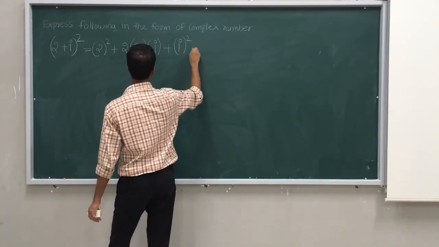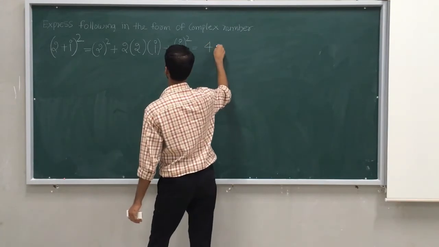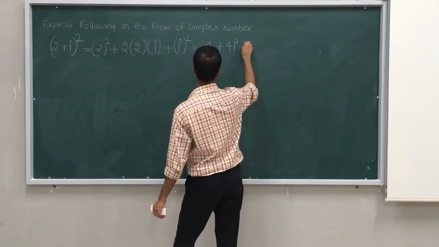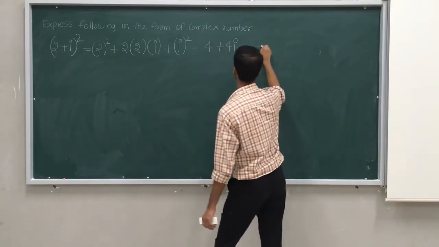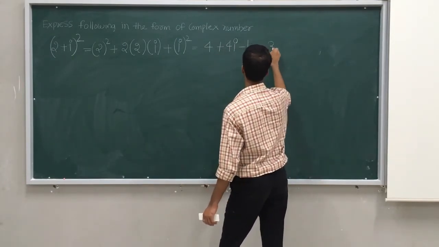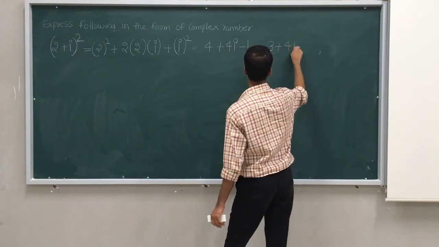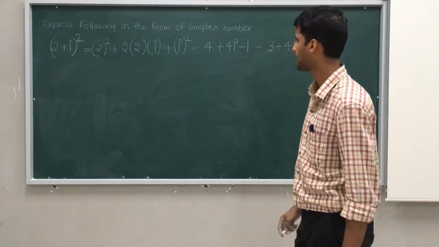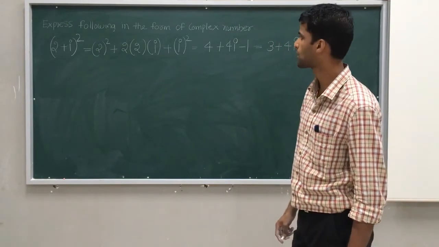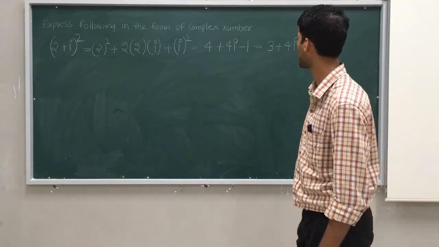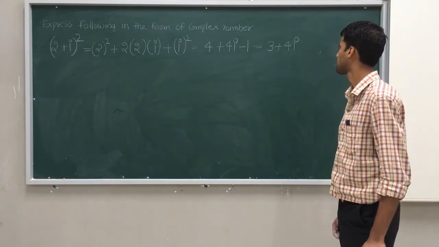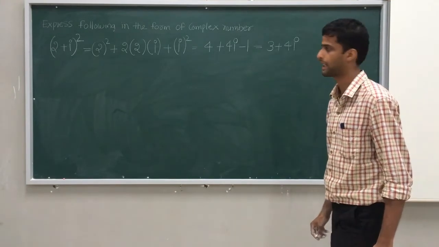It is nothing but 4 plus 4i, i square is minus 1. So 4 minus 1 is 3 plus 4i. Therefore 2 plus i whole square, when I simplify based on a plus b the whole square, the resultant complex form is 3 plus 4i.